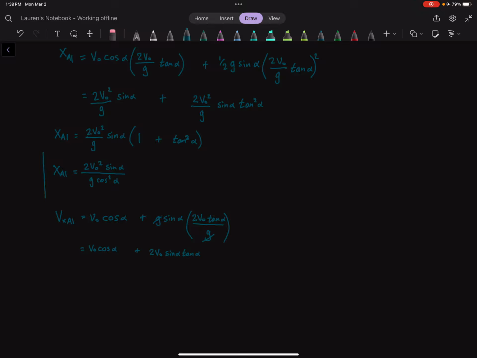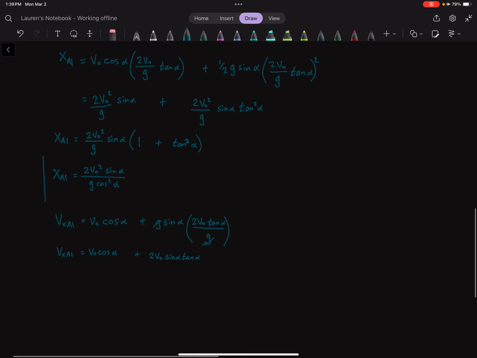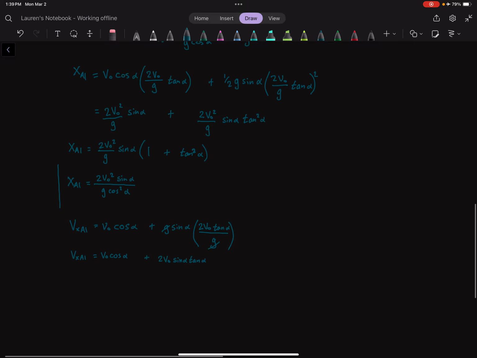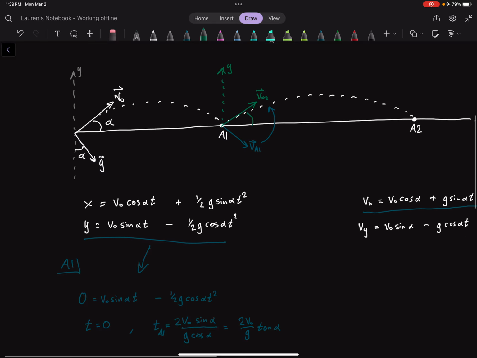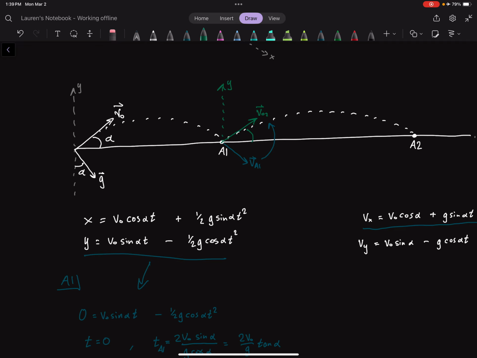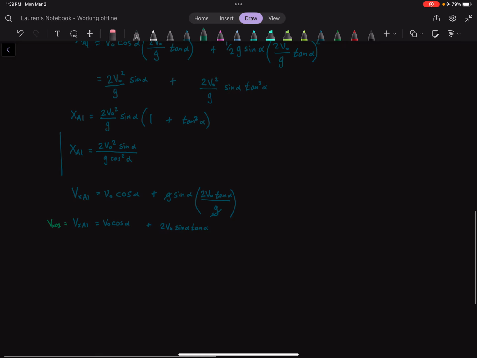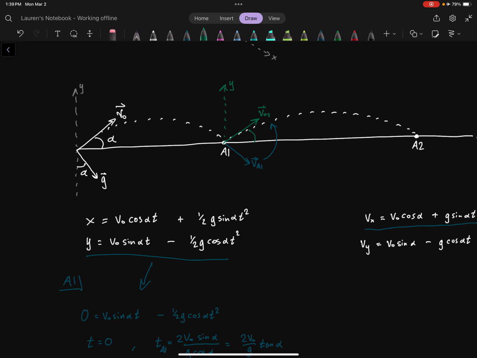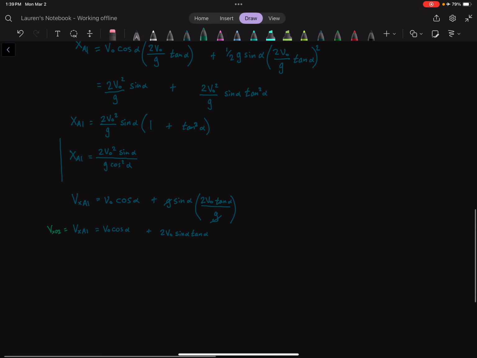So that is what it is. This is Vx(A1), which is also equal to V naught 2x, or however you want to list it. So it's the x component of the initial velocity for that second projectile motion problem that we were thinking about in green.